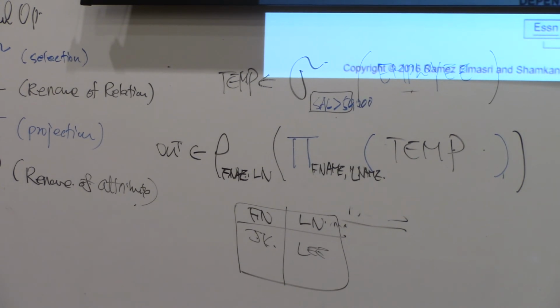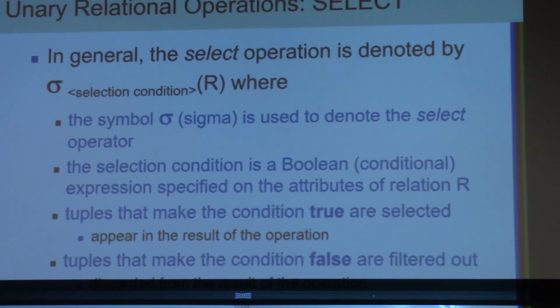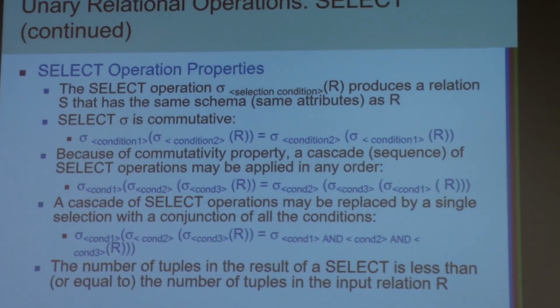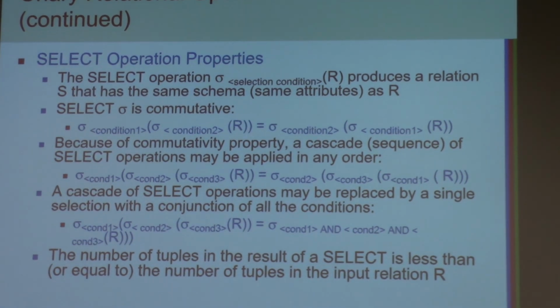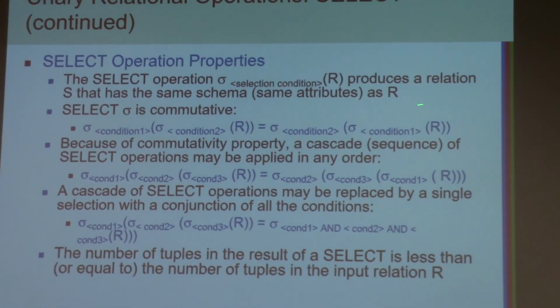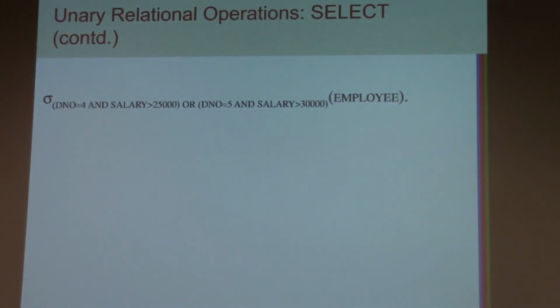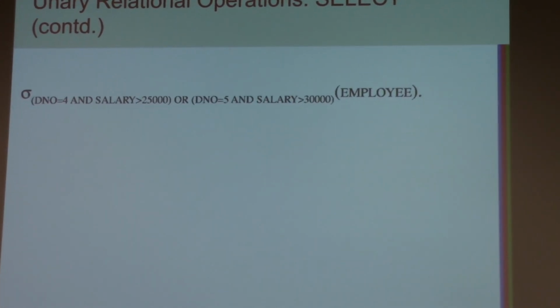Okay, so to speed up a little bit, we already saw the select. So we can use the select in this. Okay. So all such properties that you learned in middle school or elementary school can be applied. So you can use commutative or cascade and so on. So for example, what's the meaning of this?